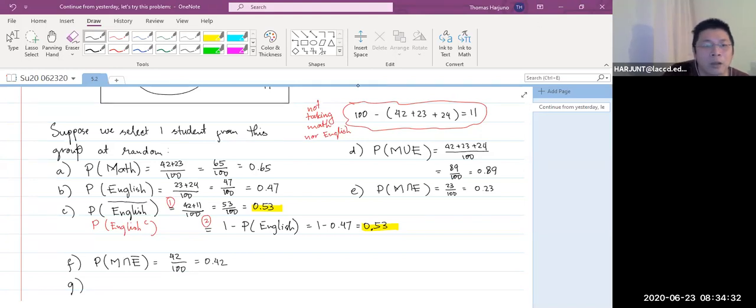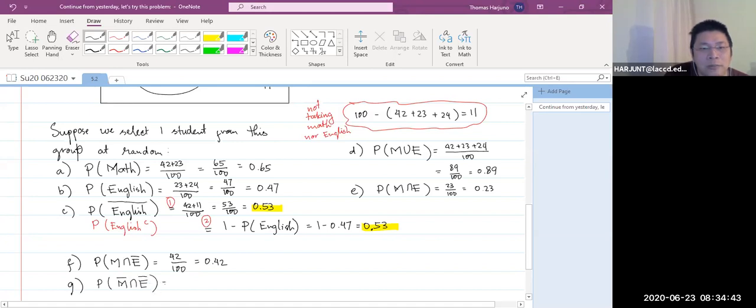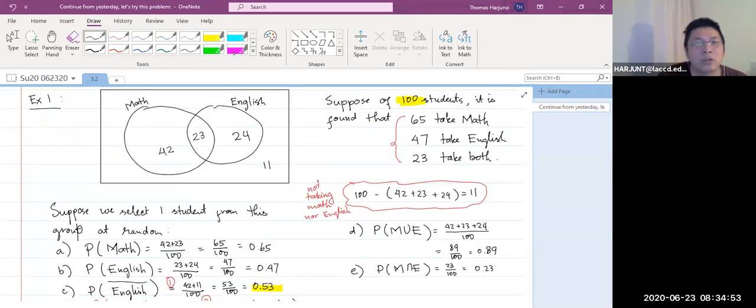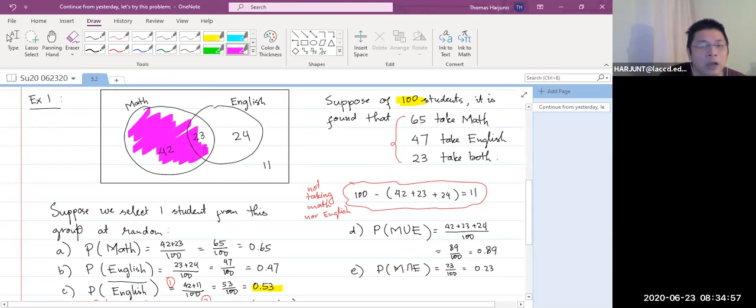How about the probability of not taking math and also not taking English? Not taking math and not taking English. Not taking math means outside of this math, outside. So I kind of dark it out.